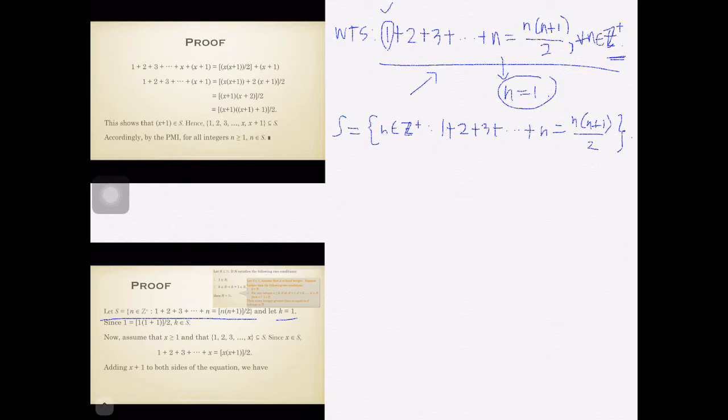And indeed, 1 works because we have 1 equals 1 times 1 plus 1 all over 2. Or, for the benefit of others, that's 1 equals 1 times 1 plus 1 all over 2. There. So in that case, the first part right here is already proven.